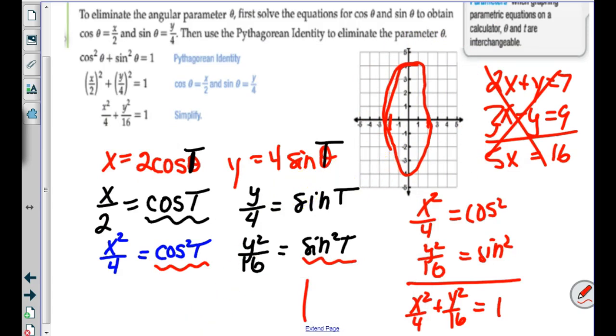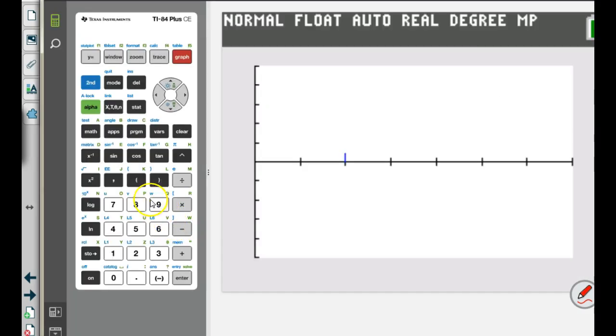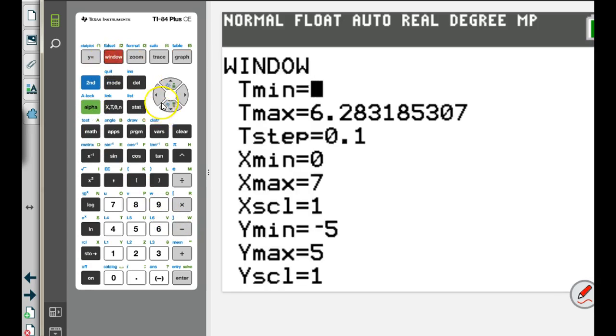That would work, right? -5 to 5 and -5 to 5. Good job. Okay, but then our t window is going to be the issue. But let's make x -5 to 5 and -5 to 5. Okay, go back up here. Oh, that's the problem?